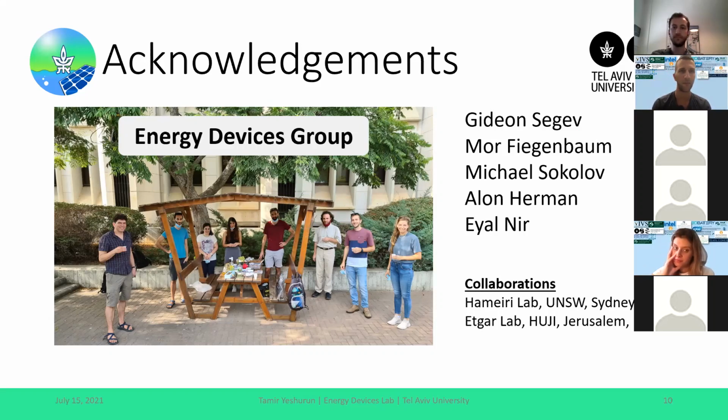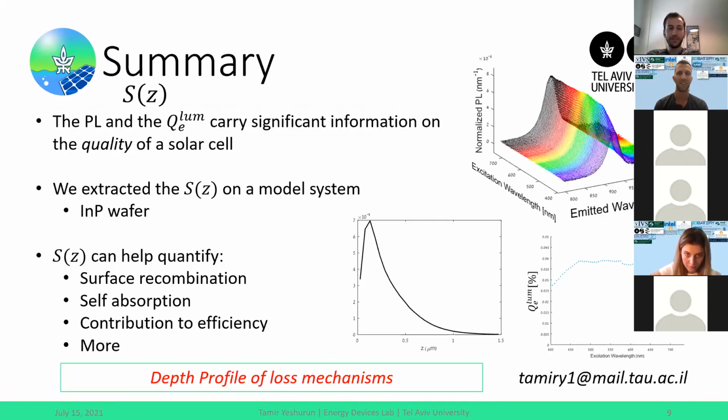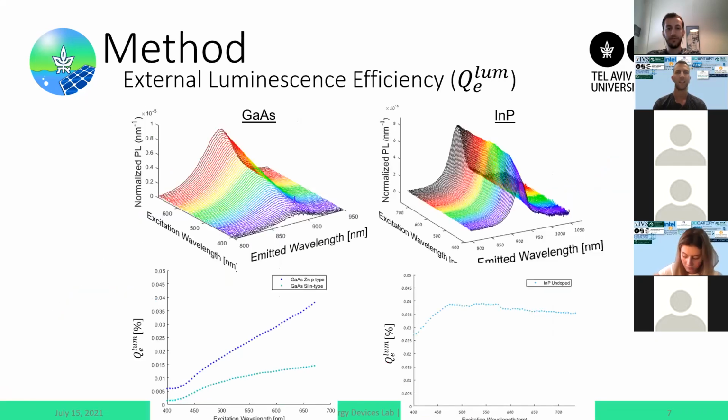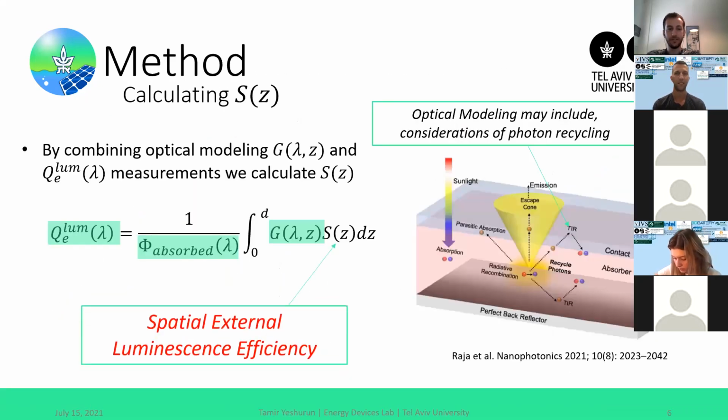So Tamir, maybe you can explain a bit. So you're actually measuring the PL spatially, like you're moving the beam? So our method is to extract it from this relation, right?